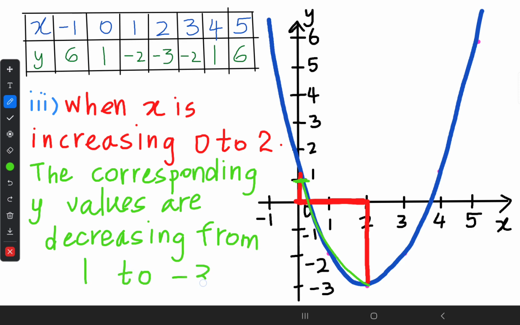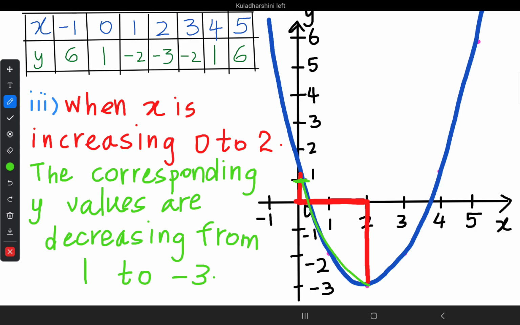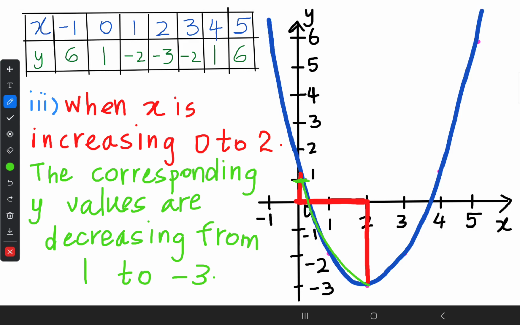This is the behavior of this graph when x is increasing from 0 to 2. When x is increasing from 0 to 2, the corresponding y values are decreasing from 1 to -3. This is the way you should write the behavior of this graph. Behavior means its corresponding y coordinate. That's called behavior. So that is decreasing from 1 to -3.